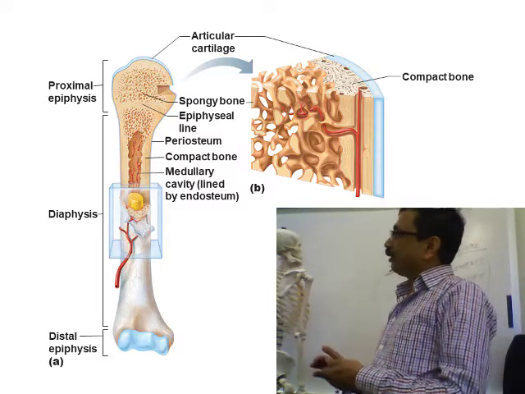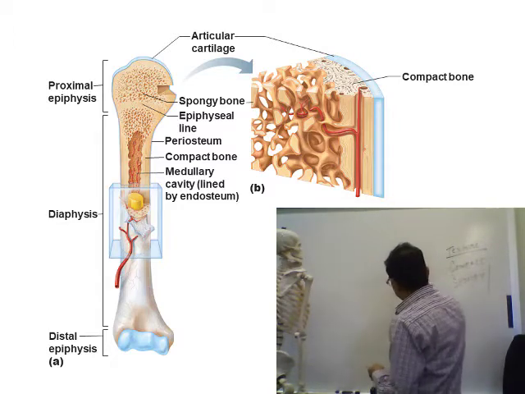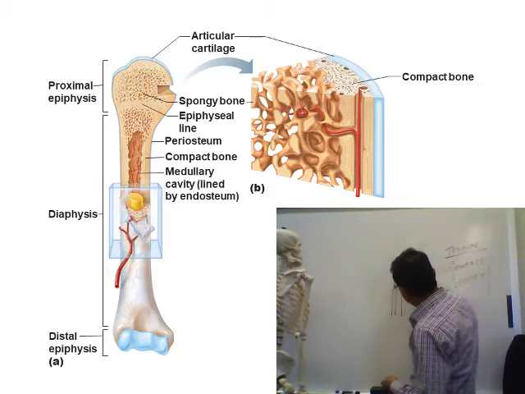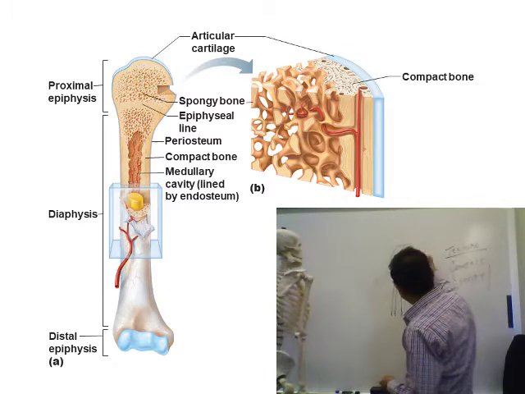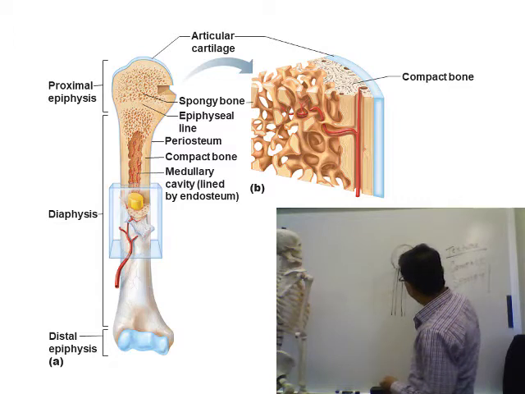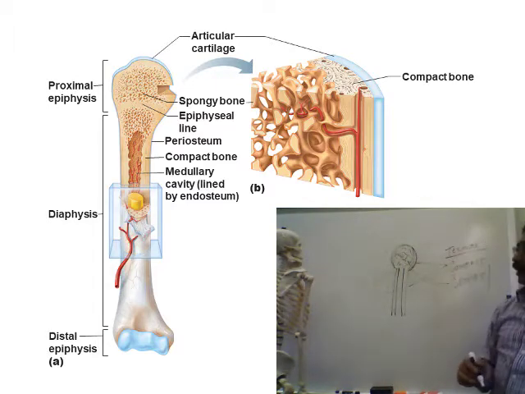So the compact bone forms the shaft of the long bone and the outer covering of the head. This is also compact, but inside you have honeycomb-like soft bone tissue, that is the spongy. Okay? Compact and spongy.